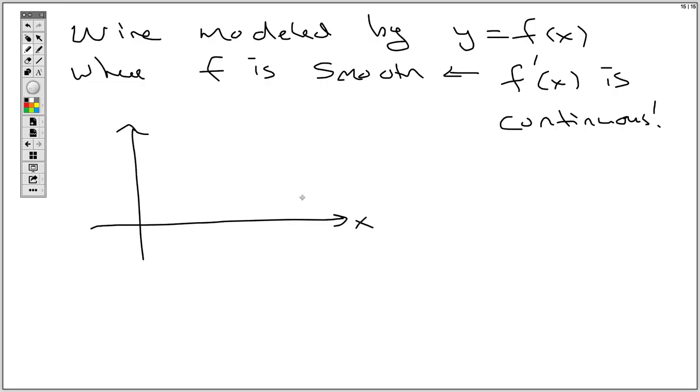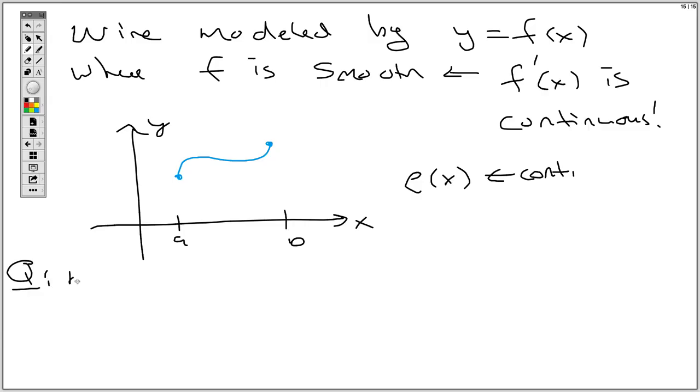So what if you're not modeling your wire by an interval, but by one of these rectifiable curves here? And let's say you had your density rho here as a function of x, as usual, and that's continuous. The question is, how could we find the mass?